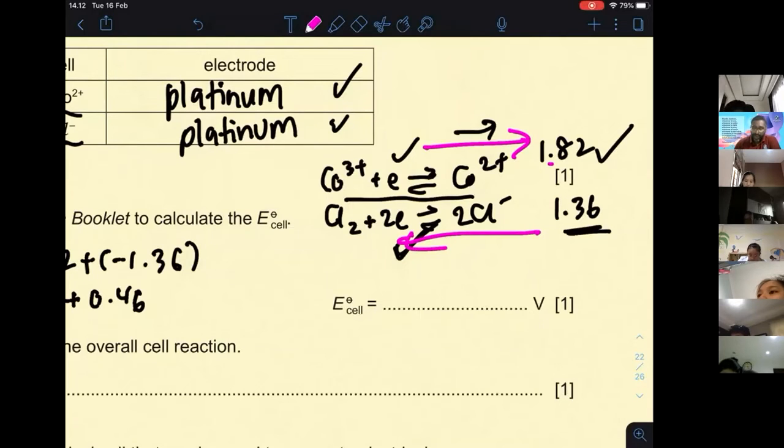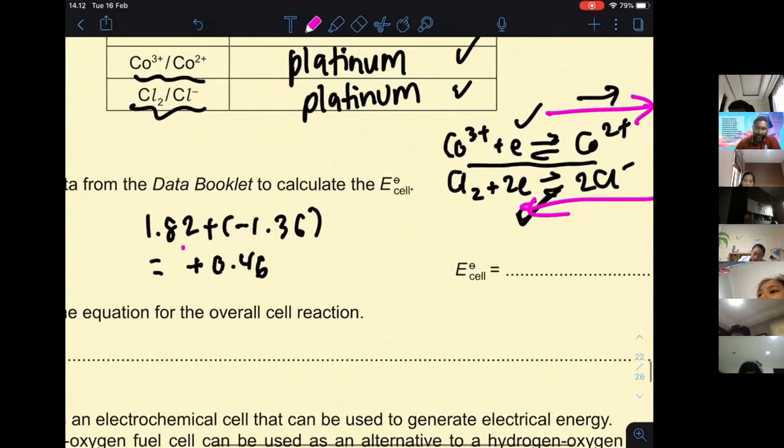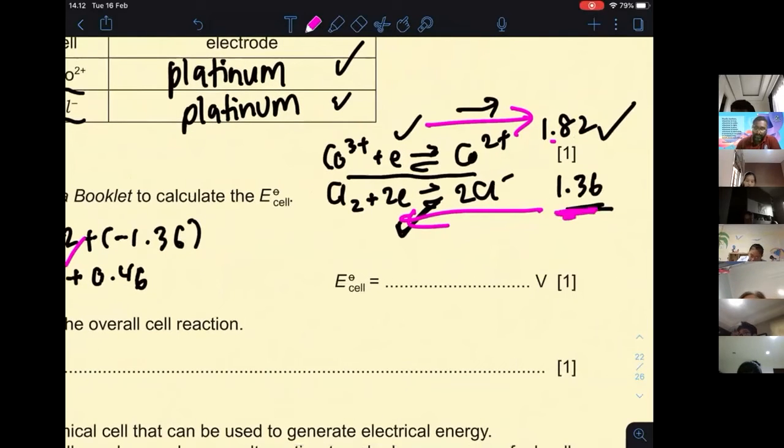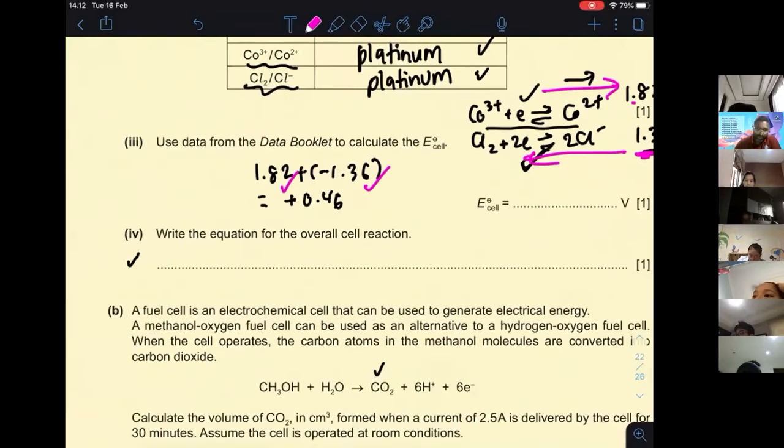Now, if I want to calculate the E cell, it's supposed to be 1.82 plus, since this one goes to the left, negative 1.36. When I do this calculation, I will get 0.46, and this is going to be plus. Please remember this. So it's plus 0.46 volts.